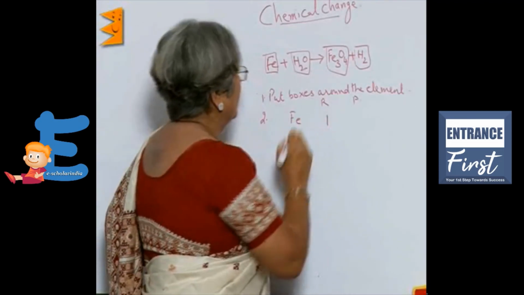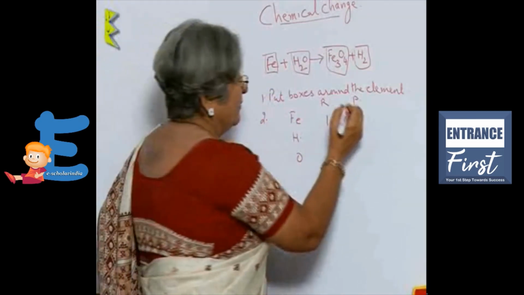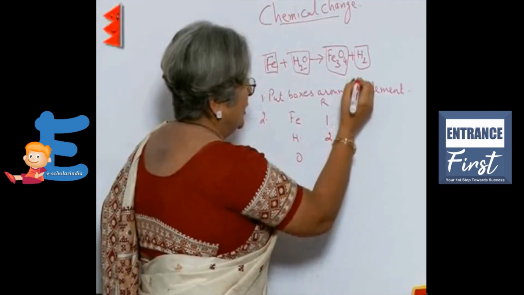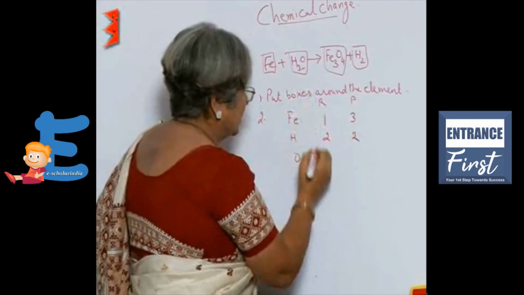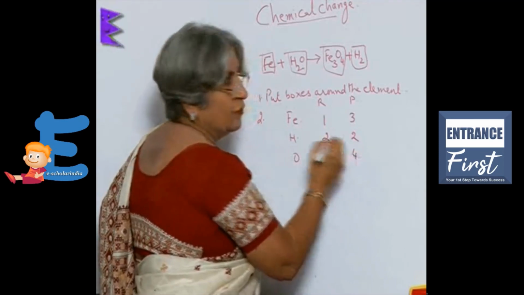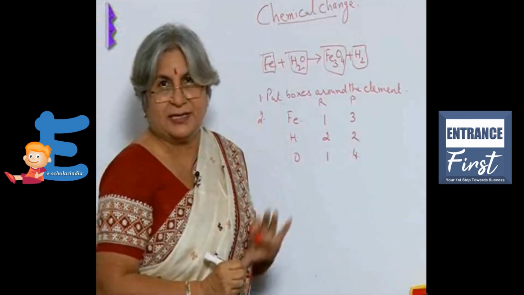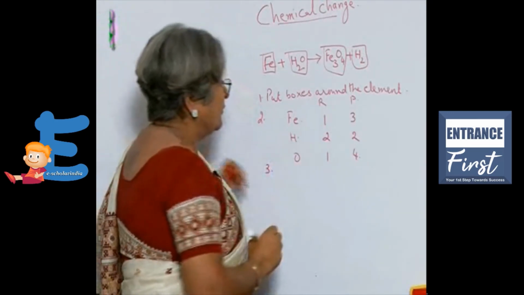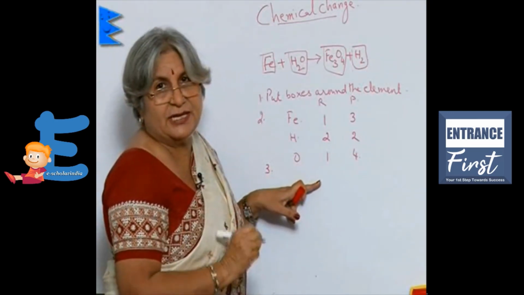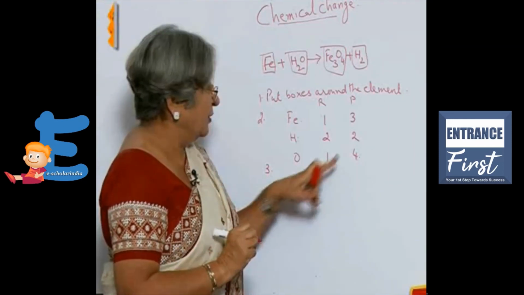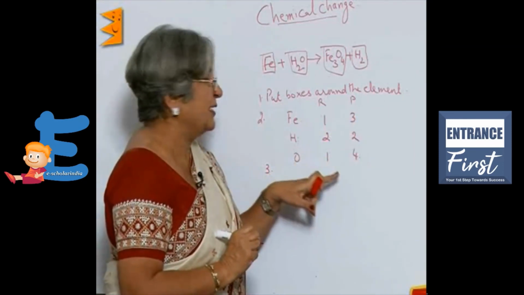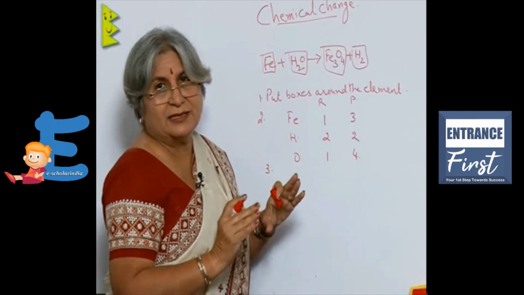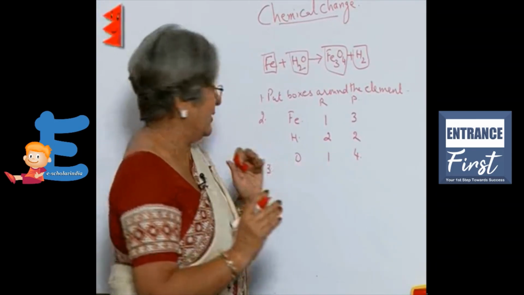1 atom of iron in reactant and in product 3. Hydrogen 2 and here 2. Oxygen 1 and 4. So this will be our second step. After we have done this, we take up that element which has the maximum number of atoms. Now which one has the maximum number of atoms? Oxygen. So first of all we will try to balance the number of oxygen atoms.